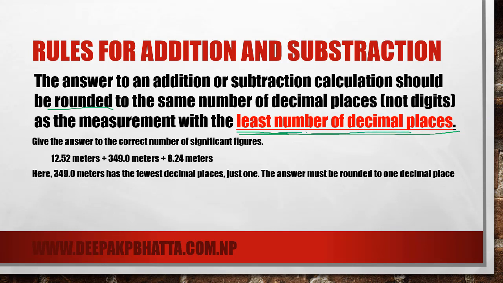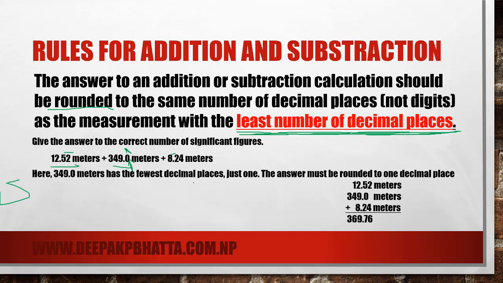In the first number, 12.52, we have 2 decimal places. In 349.0, only 1. And in 8.42, 2. That's why 349.0 has 1 decimal place, and we have to give the answer with 1 decimal place, because the least number of decimal places is only 1.